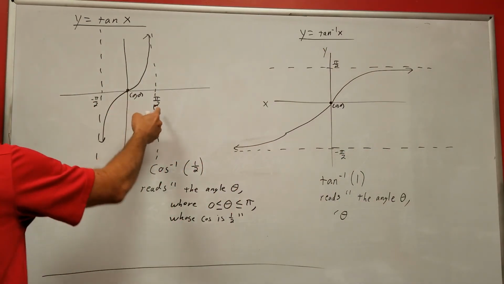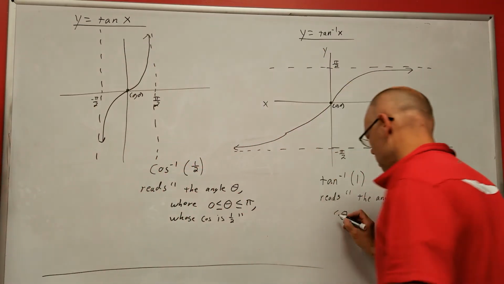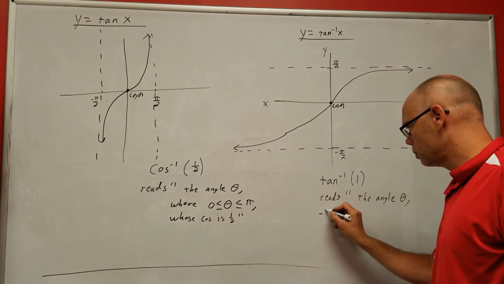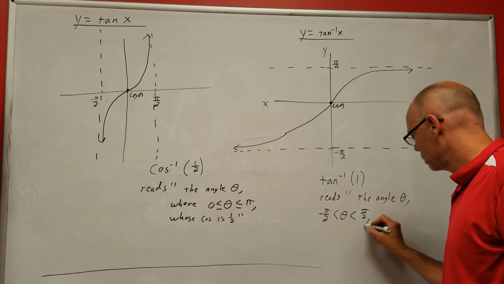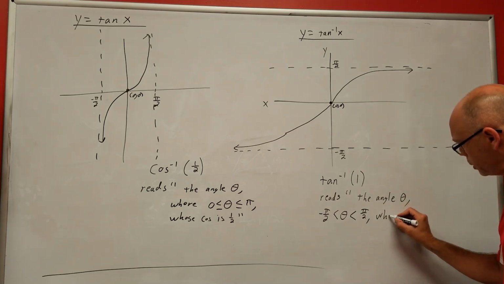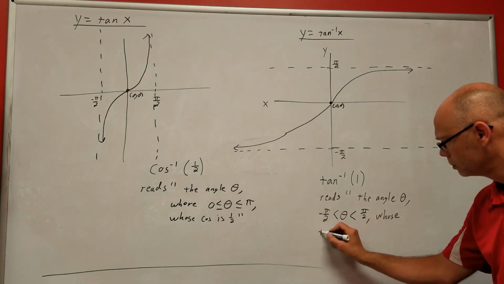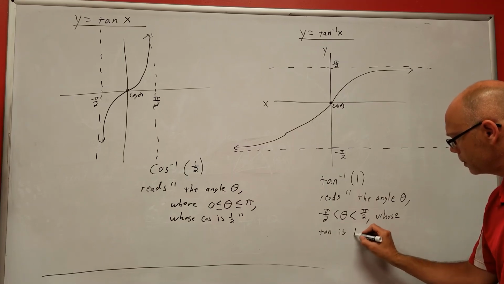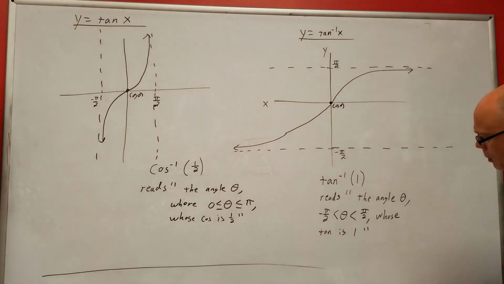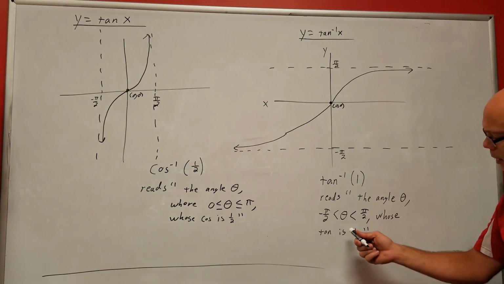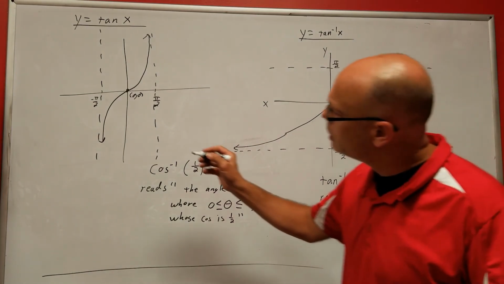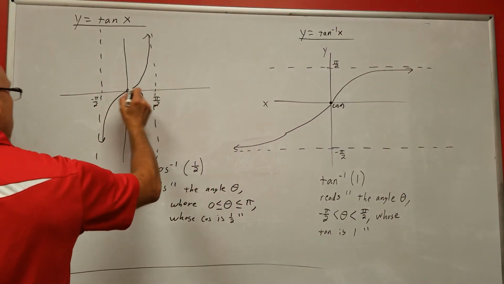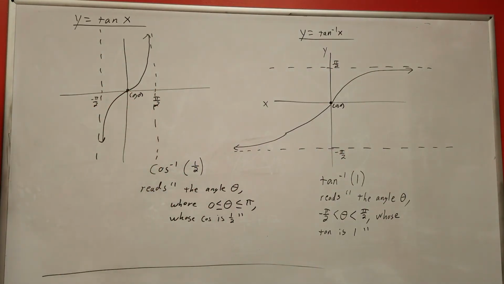Negative pi over 2 to pi over 2. Where theta falls between negative pi over 2 and pi over 2. Whose tangent is 1. Just like the others, right? Except I don't have the equal to sign here because my tangent function is undefined at pi over 2 and negative pi over 2. So I do not have the equal sign there.